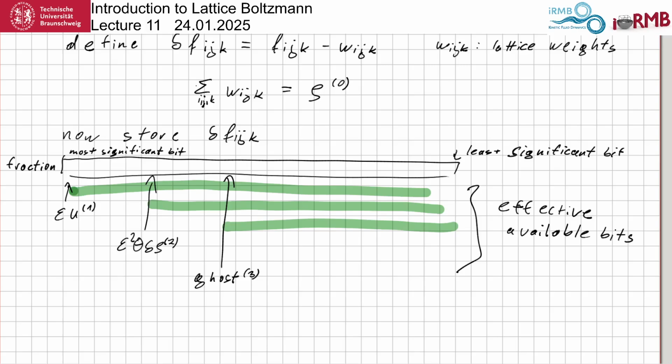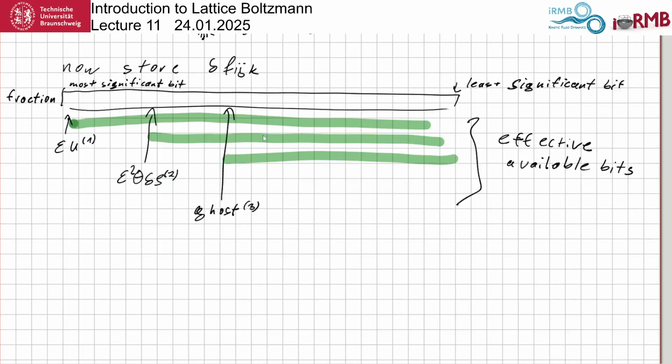And each of them has now more bits. So there is an essential caveat with this. I've explained this a lot of times in my life, and I still discovered that this is often not done in the right way.